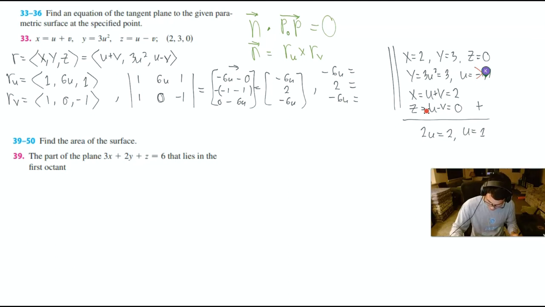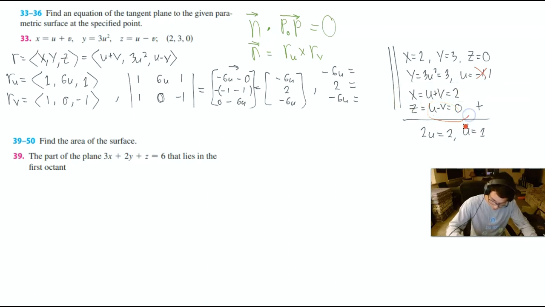The reason why we do all that, you'll see in a second, but we need to know what u is to put into these. And we also need to know what v is. If we know what u is, we can find v pretty simply using this equation right here. I think we should use this one.